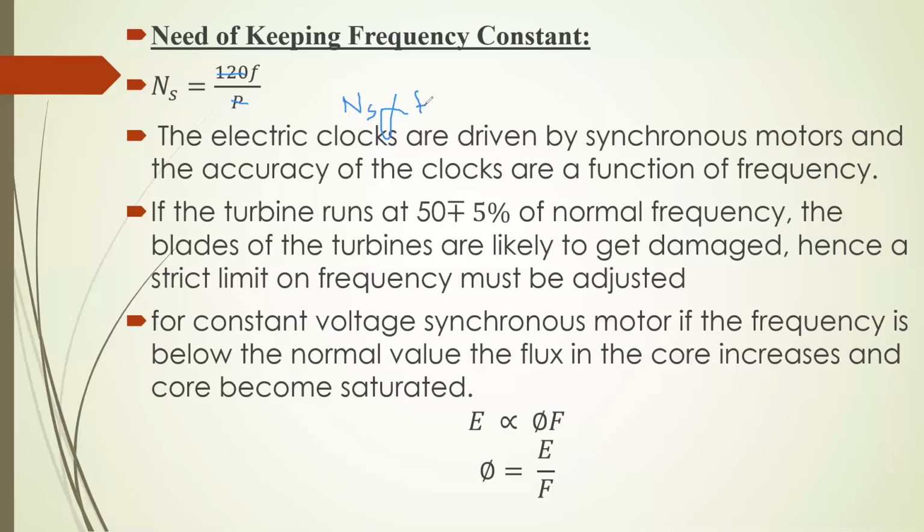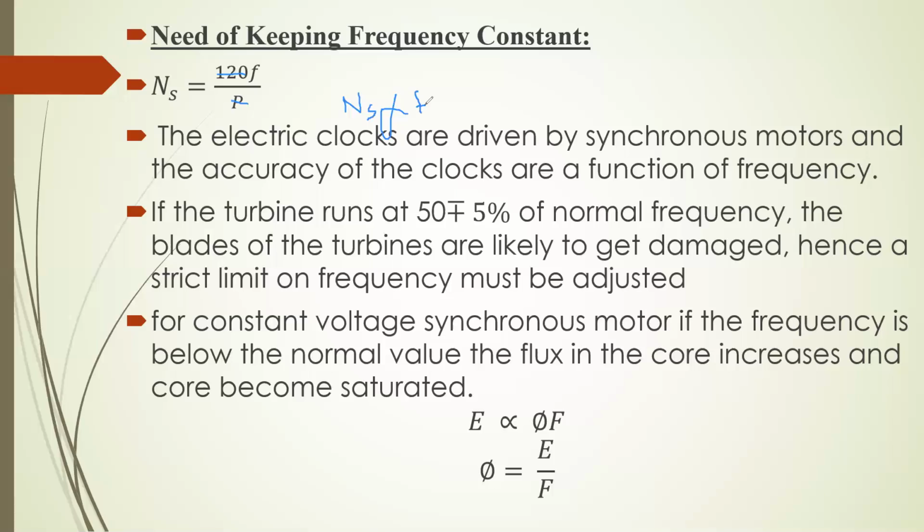Suppose the frequency decreases. Whenever the frequency decreases, what happens to the speed? Speed also decreases. So instead of showing 60 seconds in 1 minute, it may show 65 seconds in 1 minute, which may not be acceptable, right?